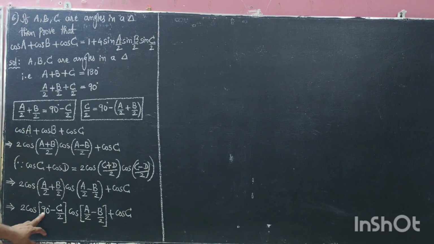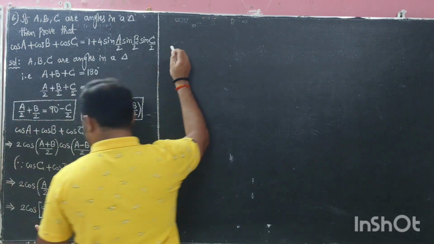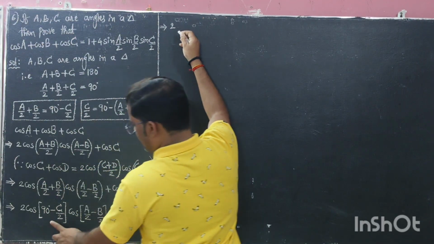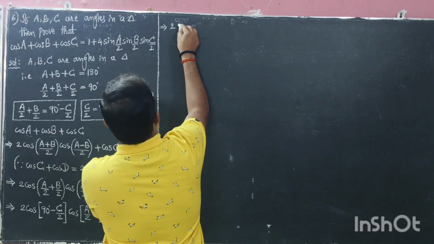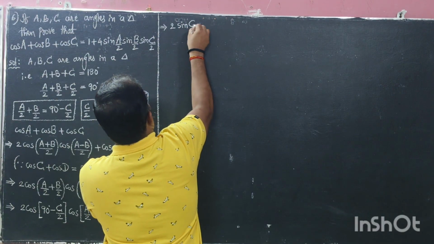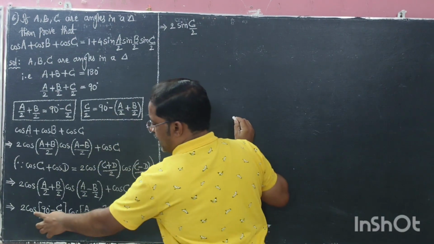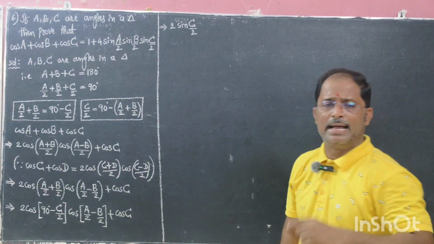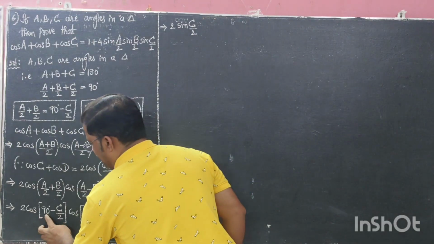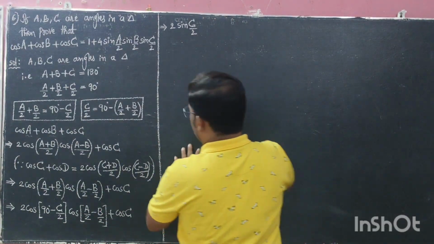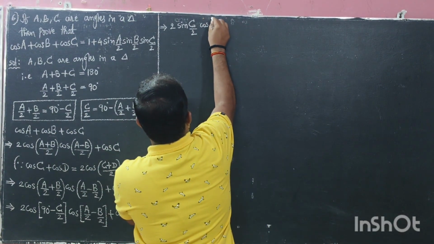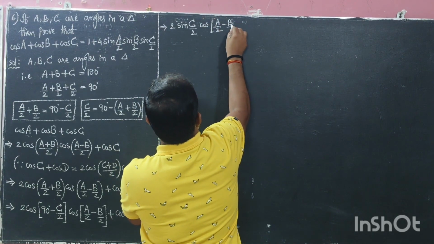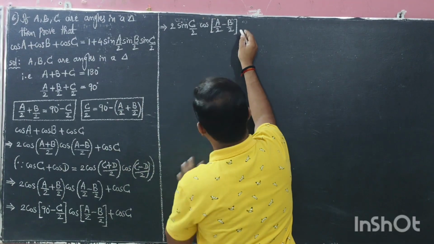Cos of 90 minus theta is sin theta. What is the theta value? C by 2 can be taken as theta. So cos of 90 minus theta is sin theta, into cos of A by 2 minus B by 2 again as it is, and plus cos C.